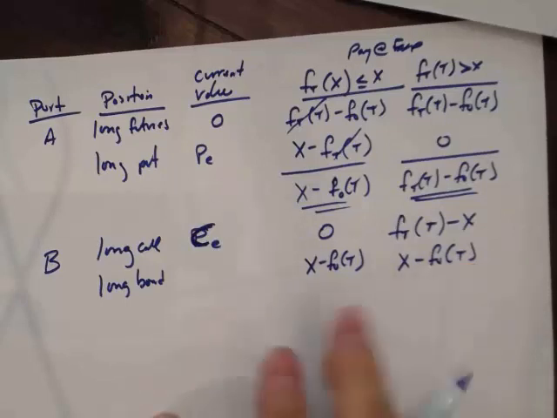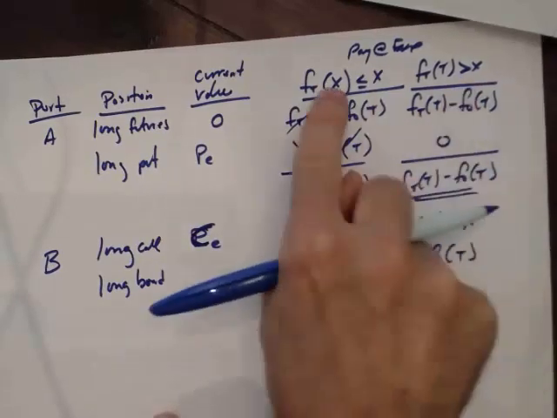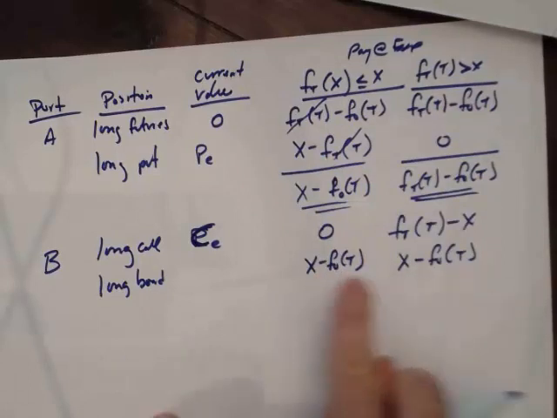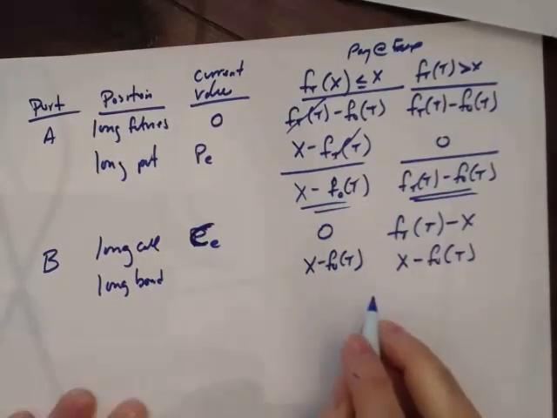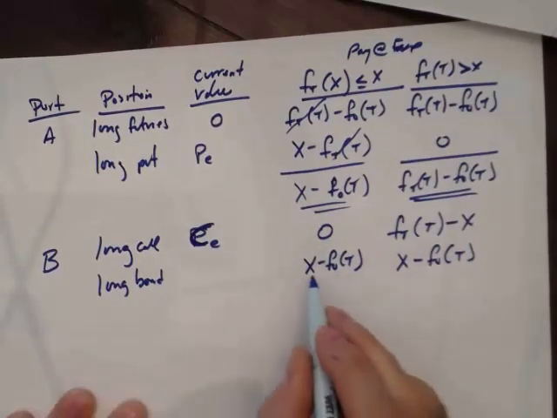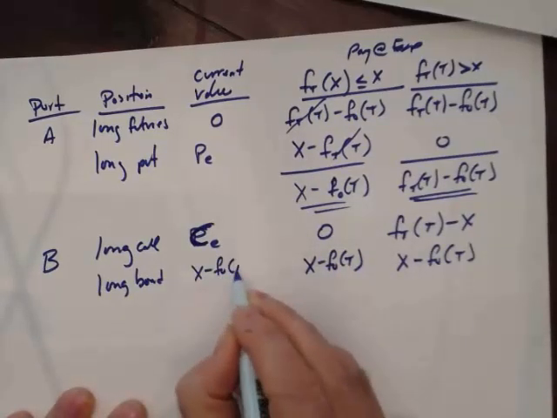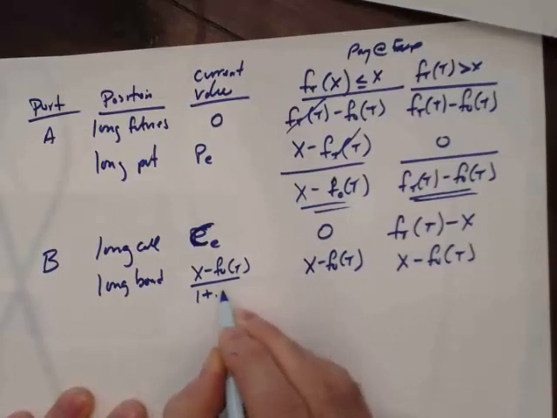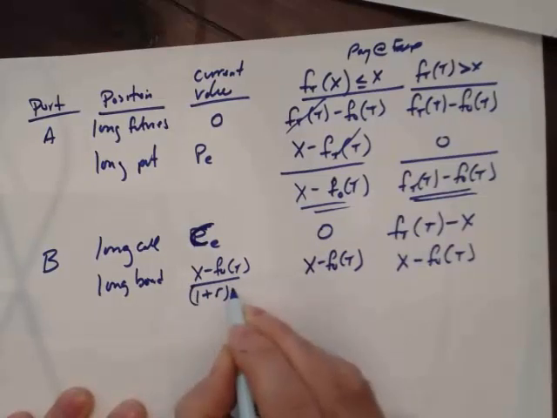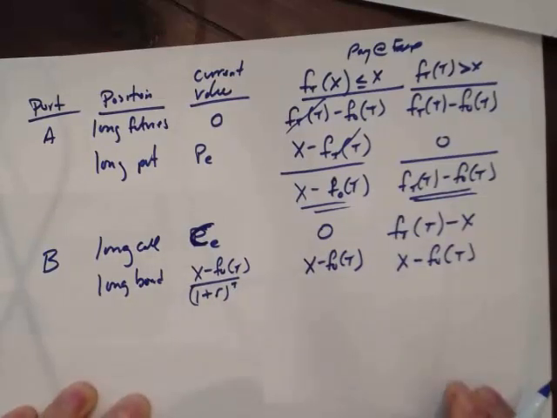But notice the bond doesn't matter if it's above or below the strike because the bond matures for this amount regardless. And so the present value of this bond is nothing but the same amount divided by (1 plus R) to the T power.